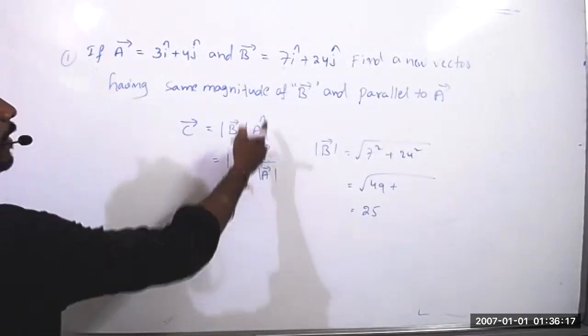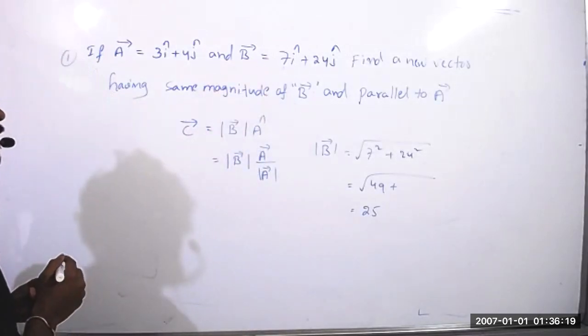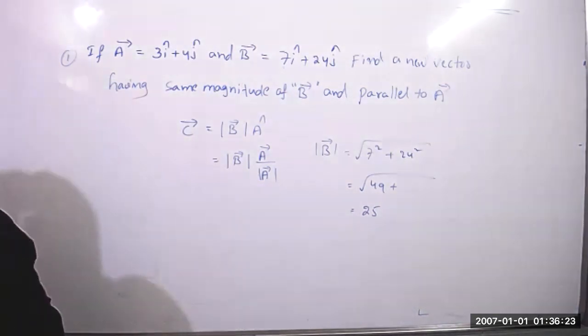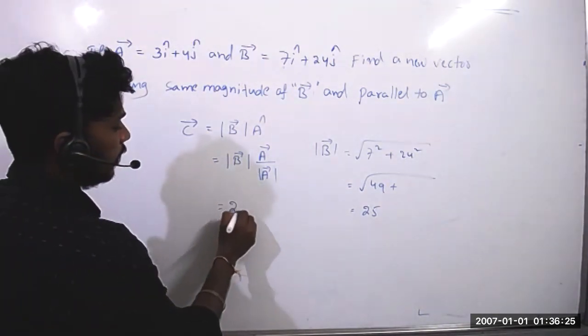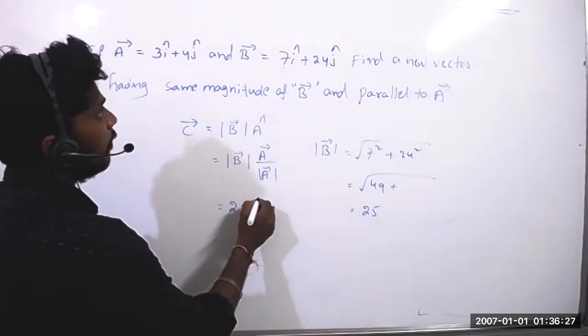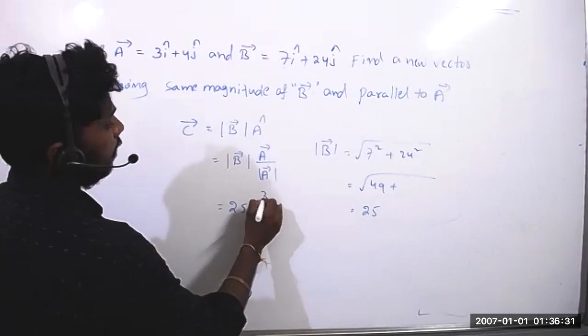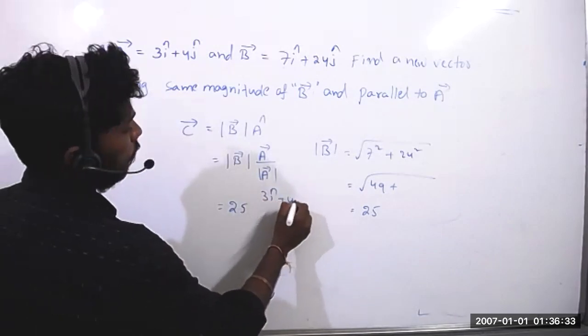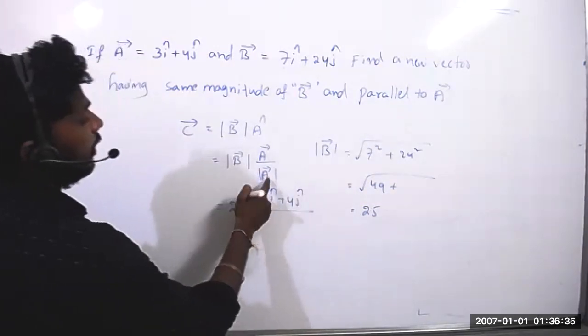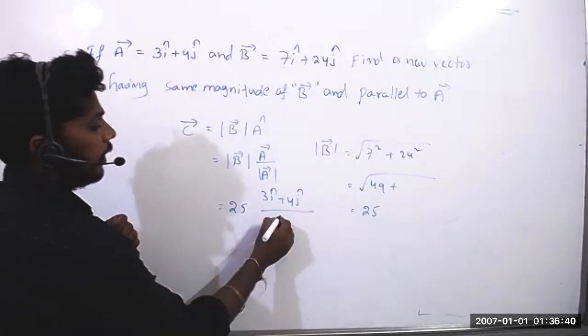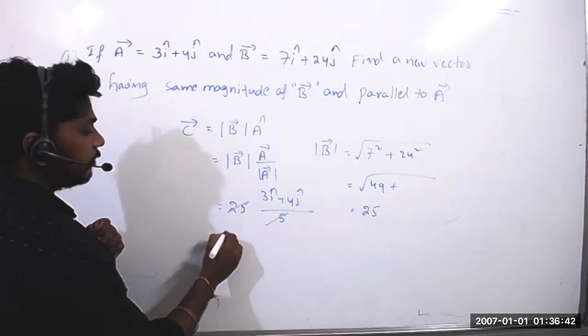Now, A bar is there with you? So B magnitude is 25 and A bar is 3i cap plus 4j cap, by the magnitude of A, how much? 5. Can we cancel?